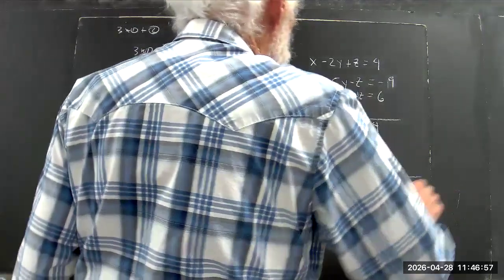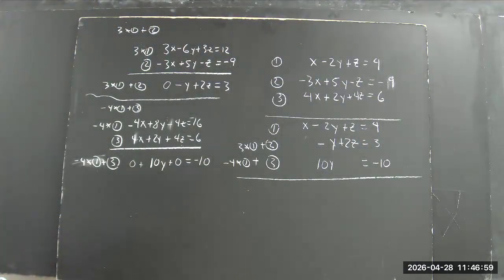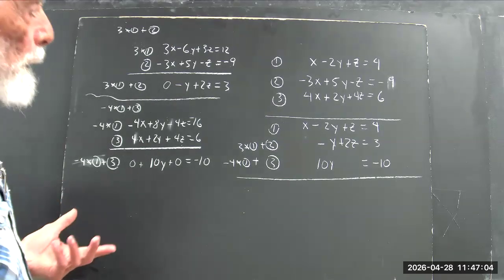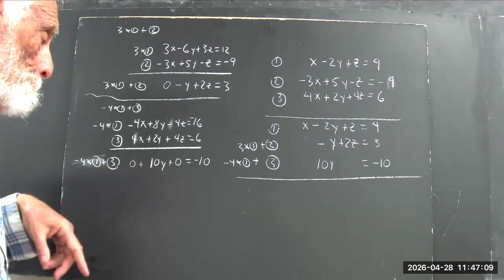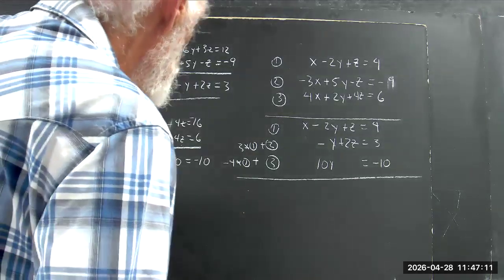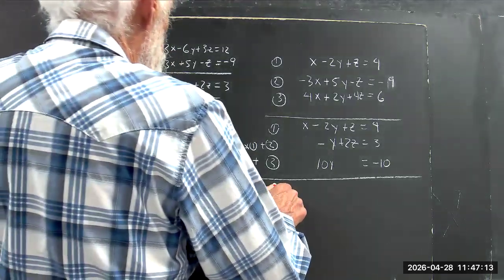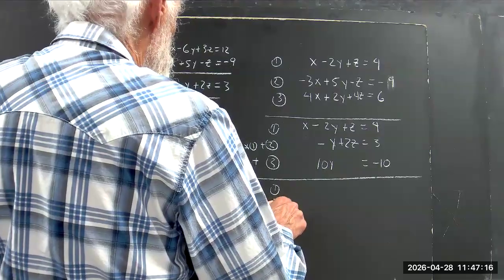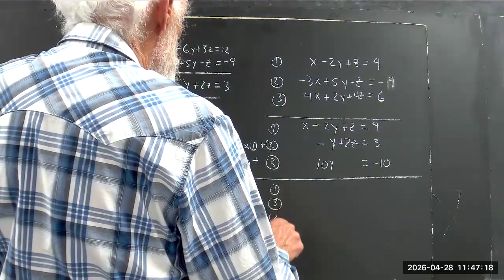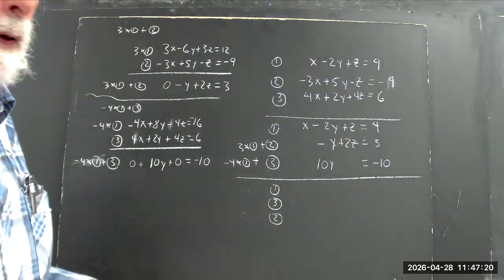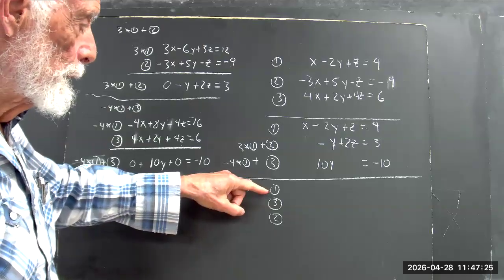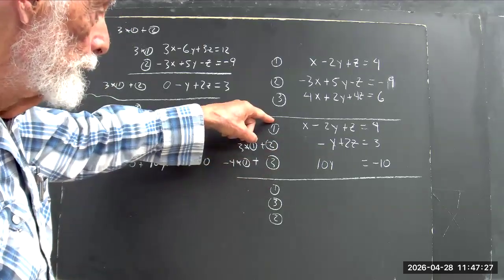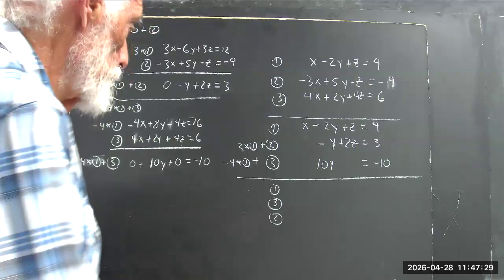Now I'm going to do something that seems a little bit unnecessary. I didn't plan this so that the z's would cancel out, okay? So I'm going to write the system, but the first equation is going to be the previous equation 1. So I write a circle 1.